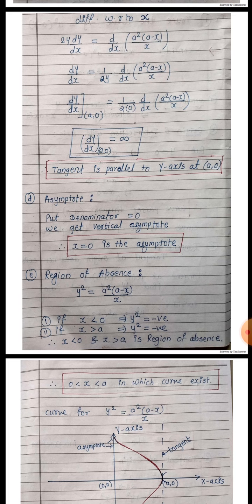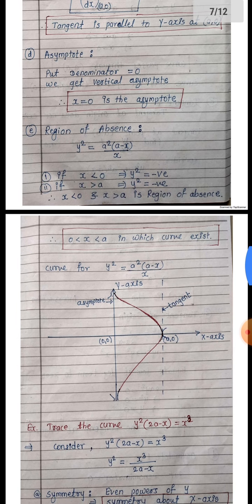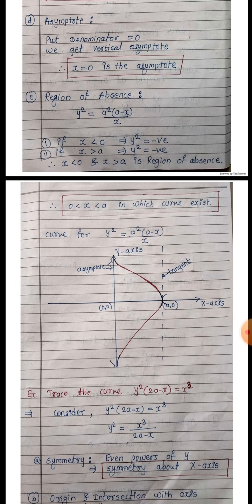Okay. First point, we got the symmetry about the x-axis. Next we got the point of intersection, (a, 0). Next, the tangent at the point is parallel to the y-axis. Next is asymptotes. For finding the asymptotes, we put the denominator equal to 0. If we see the example, the denominator is only x.